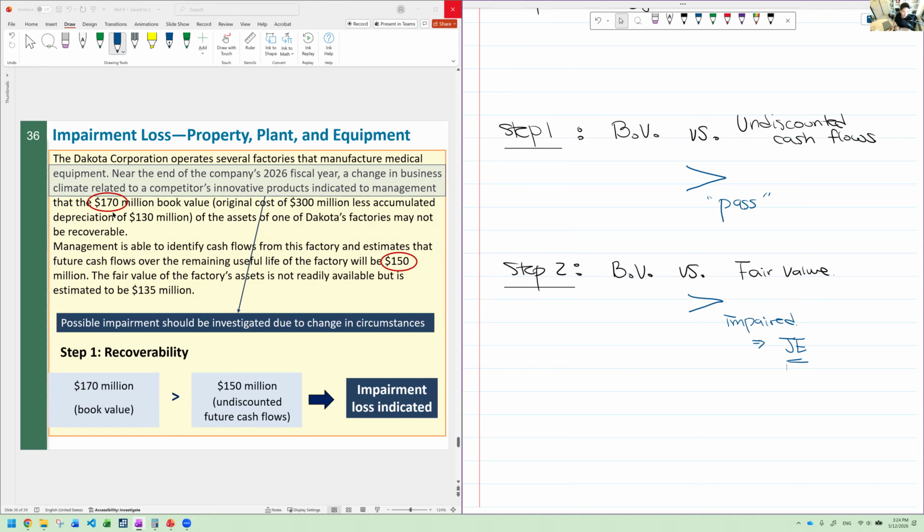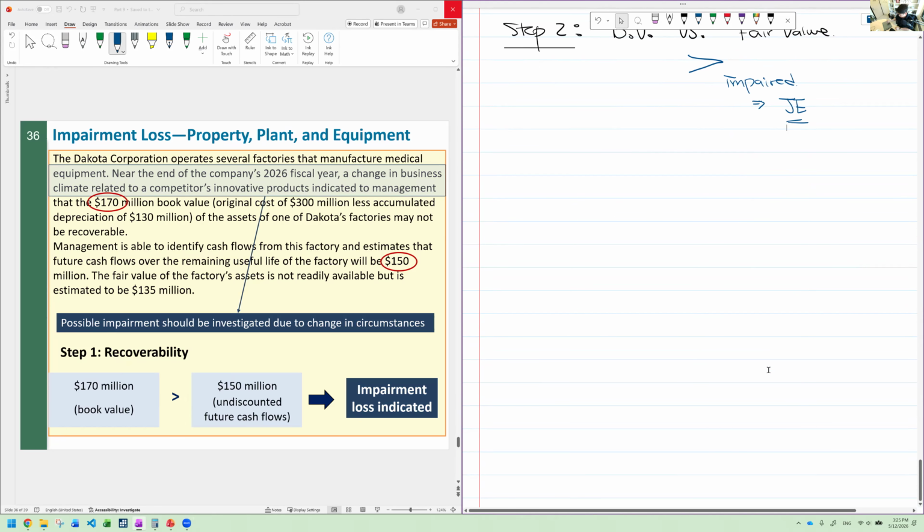So we have the book value, $170 million. That number comes from the purchase price, $300 million, minus the accumulated depreciation, $130 million. So we are given the book value at $170 million.